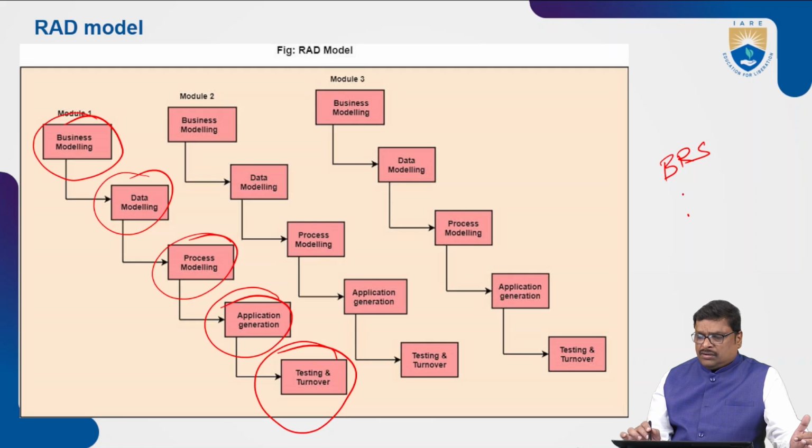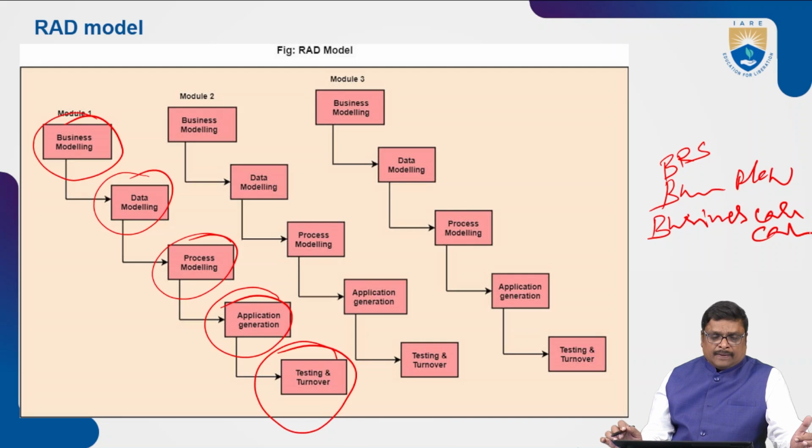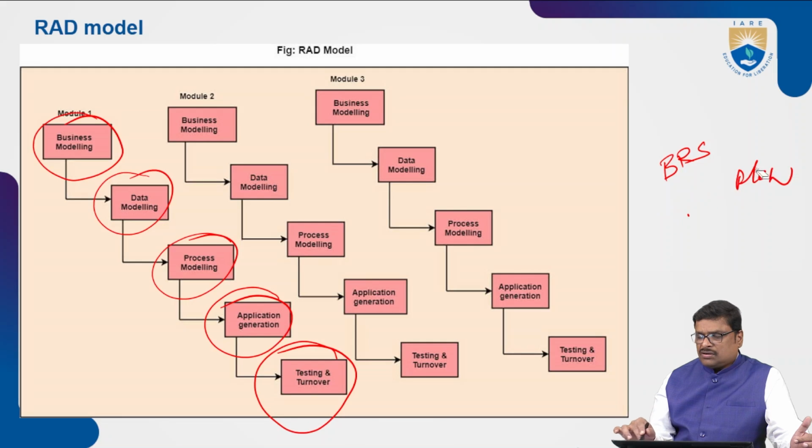It talks about the complete business flow. BRS talks about business flow, right? Then we develop different business case studies. That's how we do the business modeling, which is helpful to the stakeholders who are going to develop the software system.